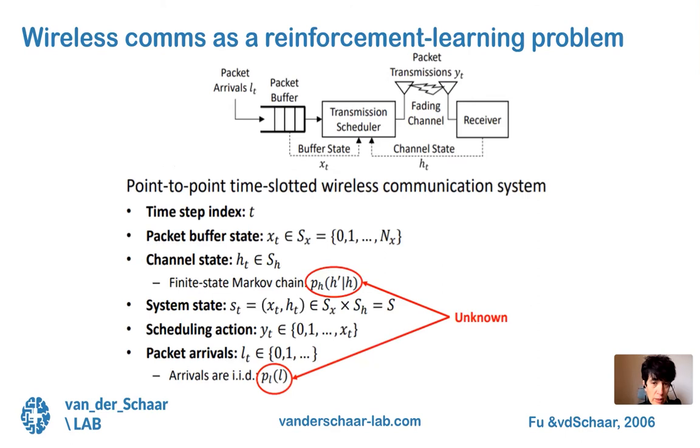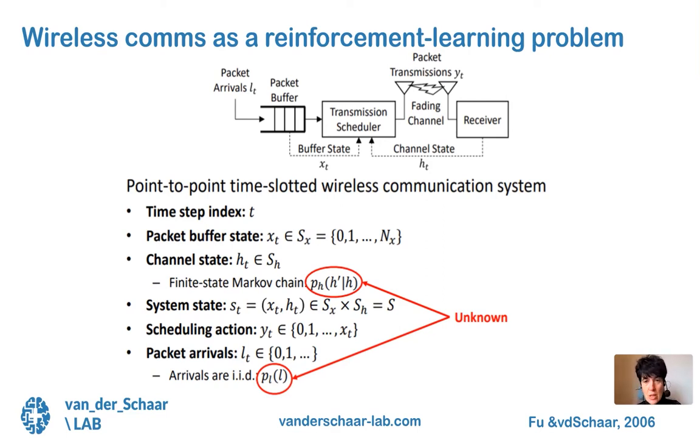I have here a pictorial example of how the problem that I described in the previous slide can be formalized as a reinforcement learning problem. And again, we have packet buffer states and channel states. We often may model the channel states using finite state Markov chains, but we can also adopt the model-free approach. We have the system states, which contain information about both the packet buffer state and the channel state. So we have here a vector state.